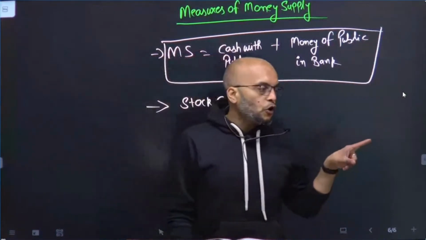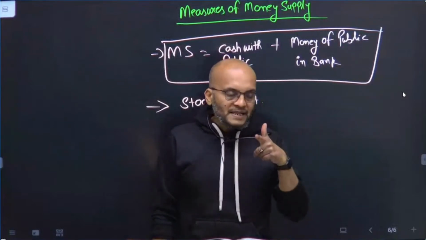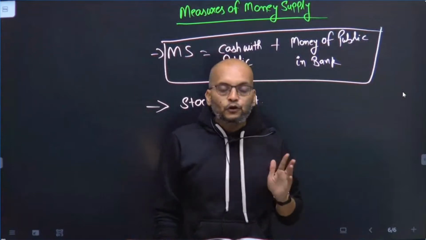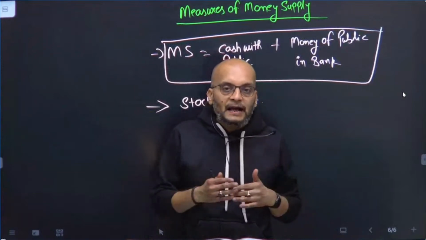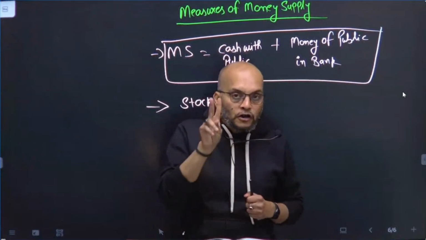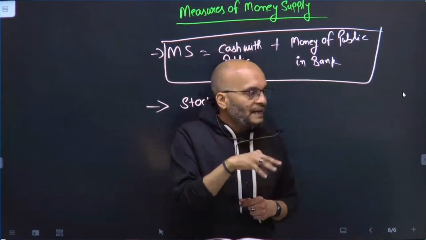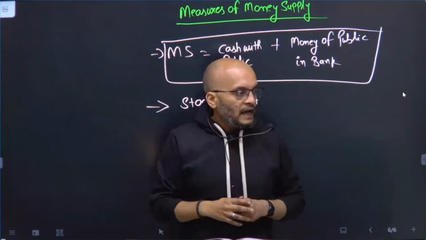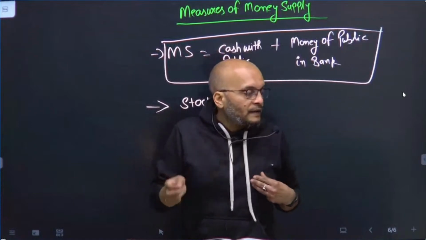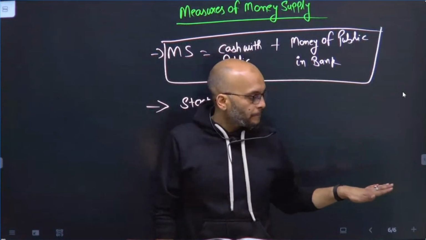Now, guys, do not get confused here. When I am saying it is not going to talk about money held with the bank, don't assume that I am giving contradictory statements. No. A bank has two types of money. One is the money of the public, that is a liability on the bank. And one is the bank's own money. We have seen it in MB. Have I told you or not? Reserves.